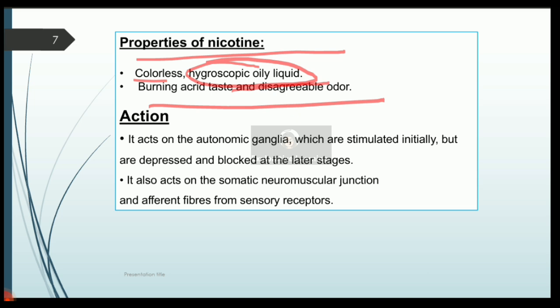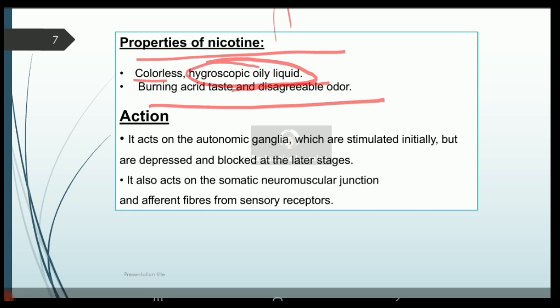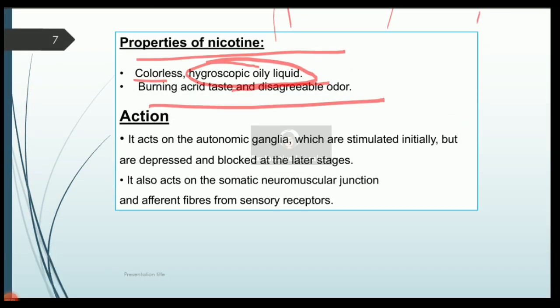As I have already told you, nicotine is a stimulant. Its major function is to stimulate the functioning of the body. So people who are mostly involved in jobs that involve more physical labor consume tobacco. Why? It energizes them.